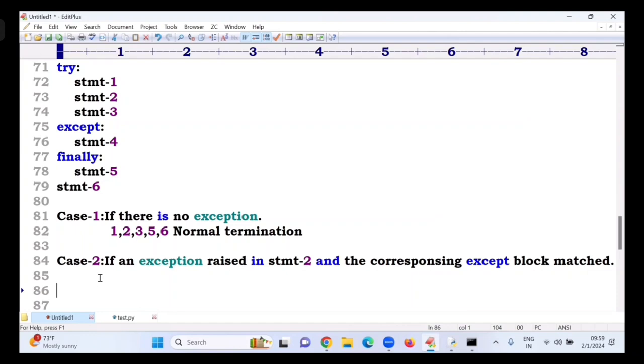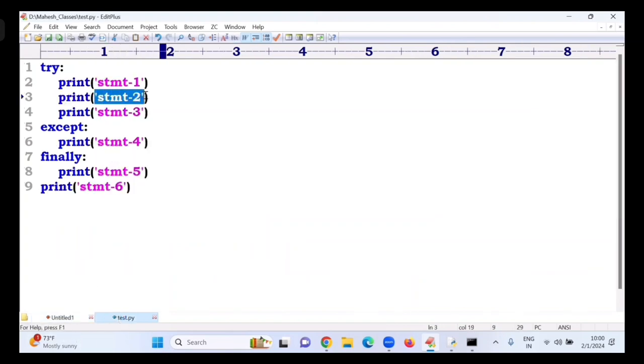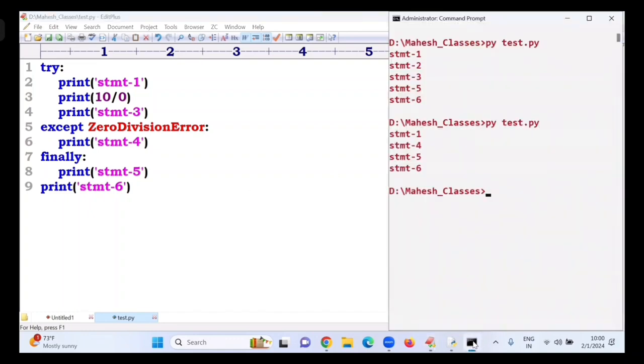Wait one minute. Here the exception is there, 10 by 0. I have given zero division error. Now tell. 1, 4, 5, 6, graceful termination. Third one is not executed. Save this, run this. Only 1, 4, 5, 6.